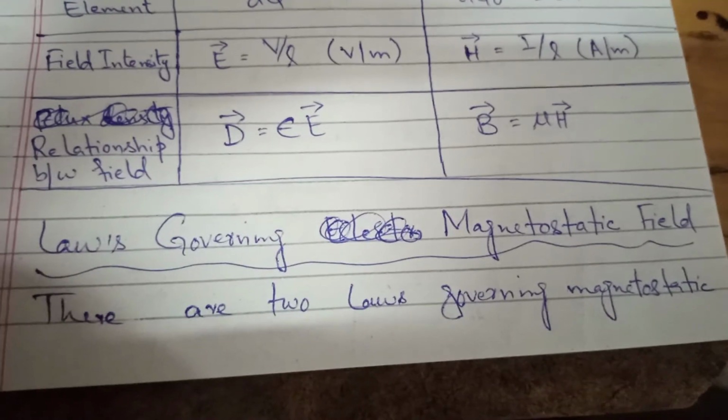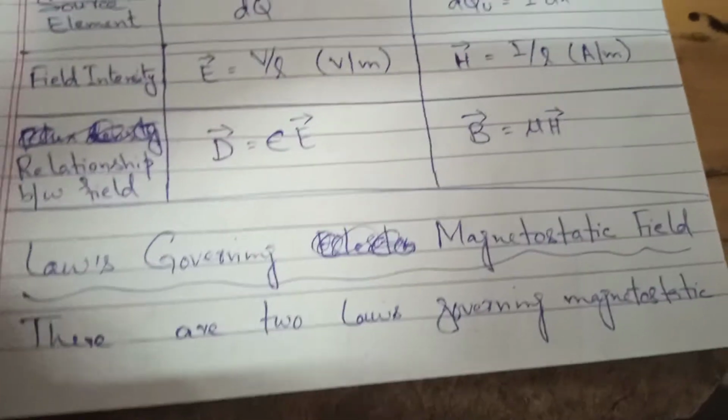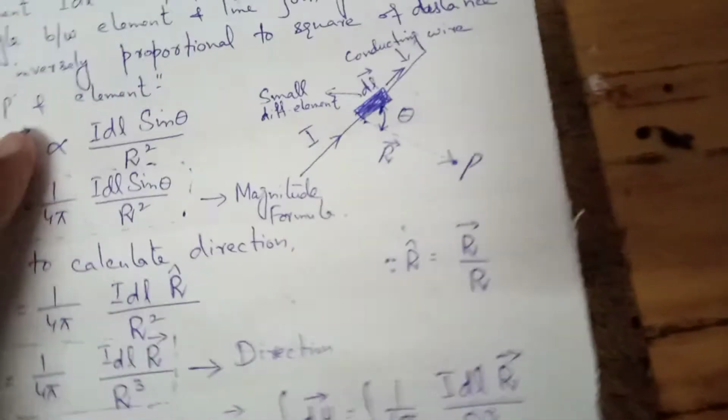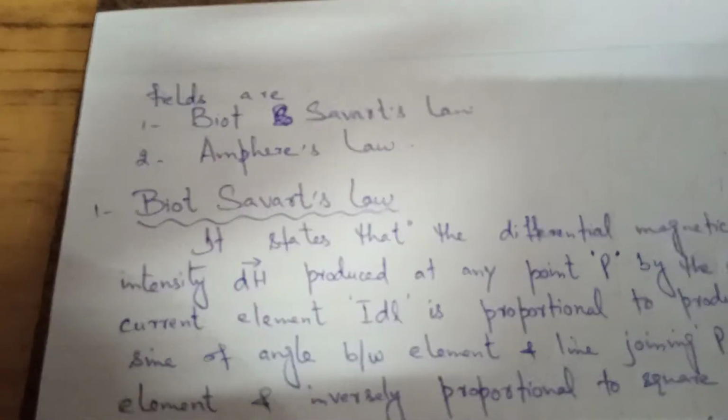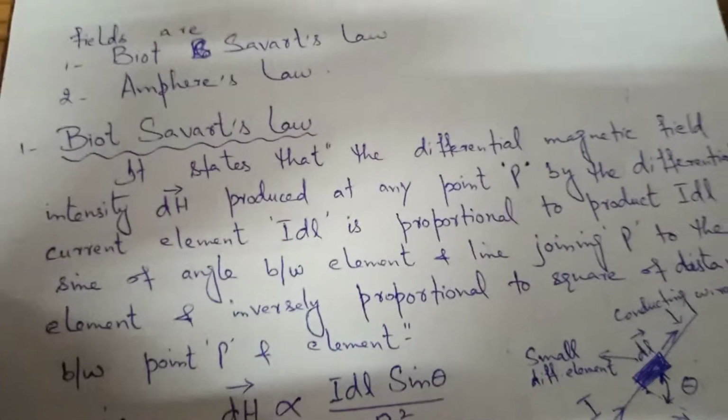Laws governing the magnetostatic field. There are two laws governing the magnetostatic field, which are Biot-Savart's law and Ampere's law.